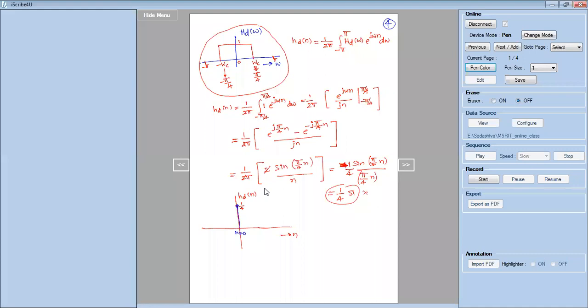At n is equal to 1... Sir, at n equal to 0, it won't be defined, no, sir. Okay, limit. Apply L'Hospital's rule. Now tell me at n is equal to 1 and minus 1.